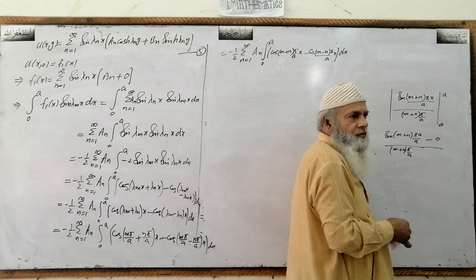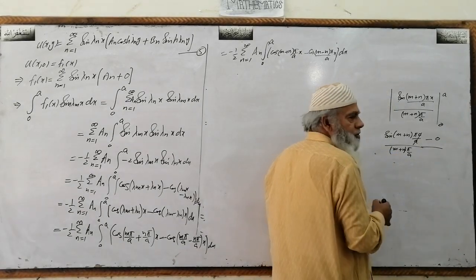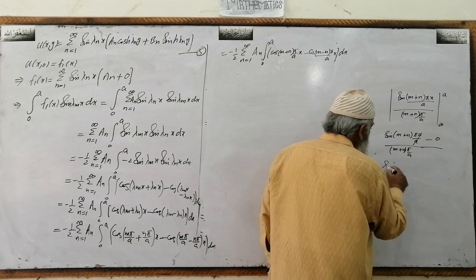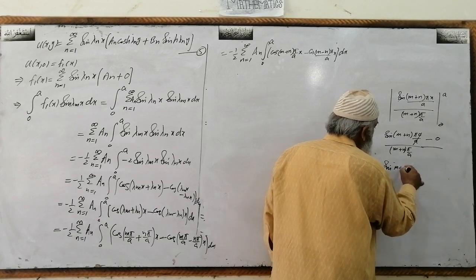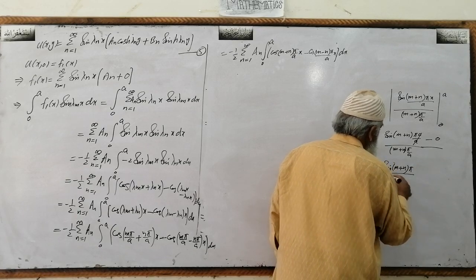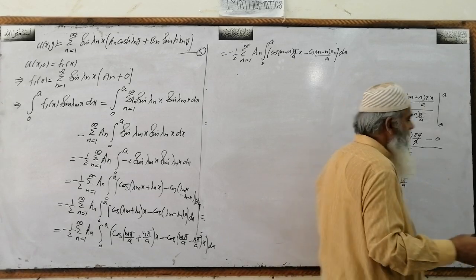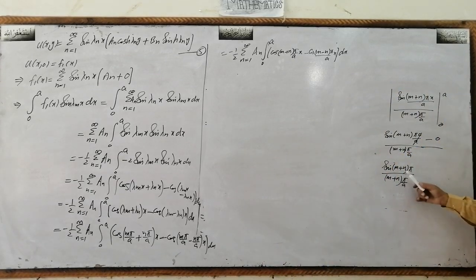This becomes 0. Now once again, a will be cancelled out and you will have sin (m plus n) pi over (m plus n) pi over a. Now look here, sin (m plus n) pi, this is once again an integral multiple of pi, and an integral multiple of pi is always equal to 0.